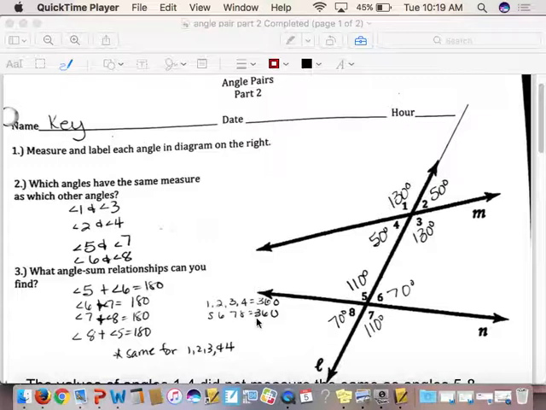So again, if you did not notate the 360 degrees, go ahead and add that to your worksheet right now. 1, 2, 3, and 4 add up to 360 degrees. 5, 6, 7, and 8 add 360 degrees.